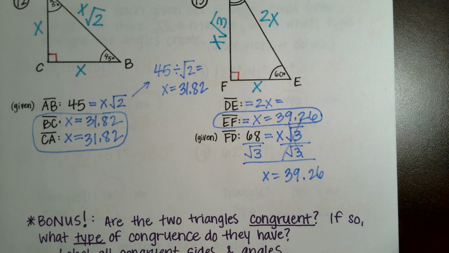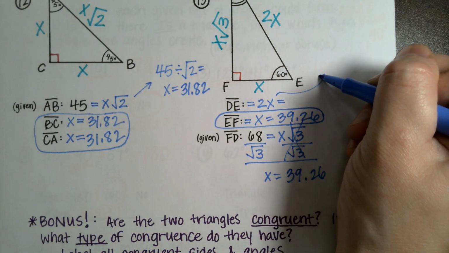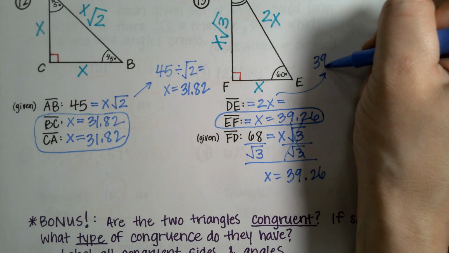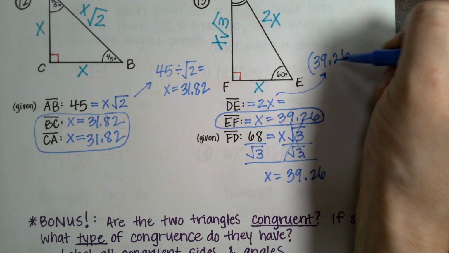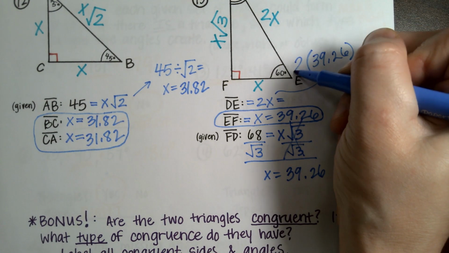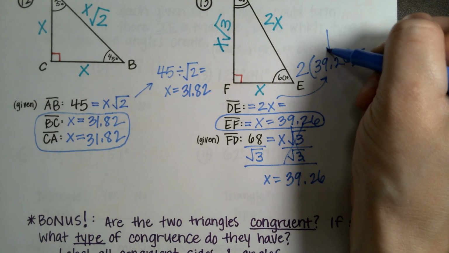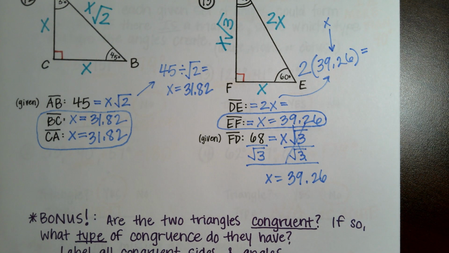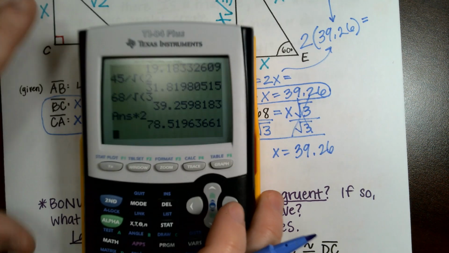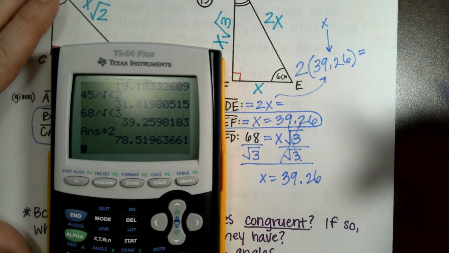So you're just multiplying it by 2. So really, it's 39.26 times 2. I just replaced x with that. Do you get 78.52? Let me see. 78.52. Yep, that's what I got. Perfect.